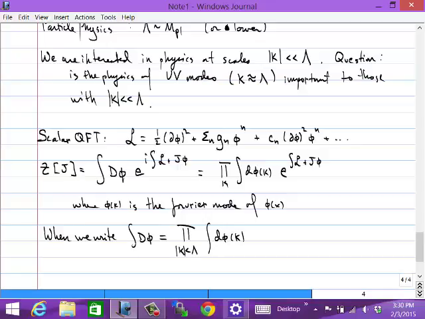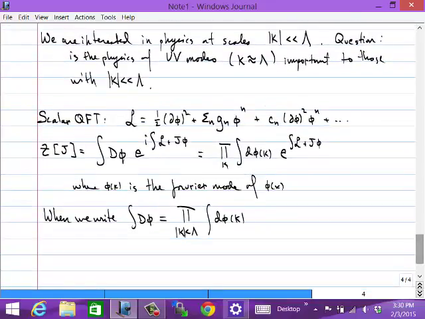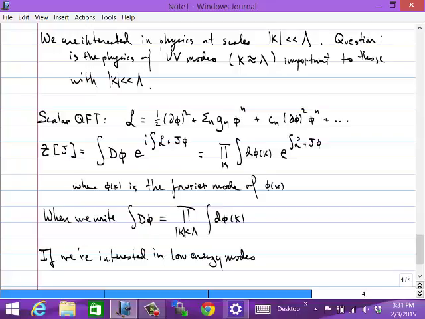Let's say that we're interested in some low energy physics, at very low energy. That would be the physics of modes with k less than b lambda, where b is just some dimensionless constant that's less than 1.